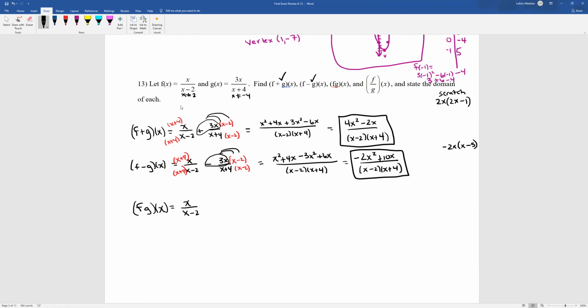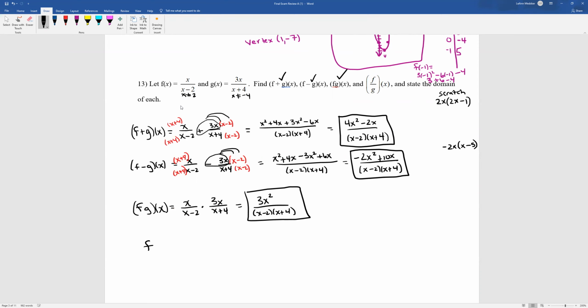So I'm going to write this out as times. So numerator times numerator, it would be 3x squared over, and then we don't need to FOIL this out. You can leave it in factored form, just like the other ones were. And there's no like terms on top, so that's the end of that one. So actually multiplication is much easier than the adding and subtracting when we're doing rational functions.